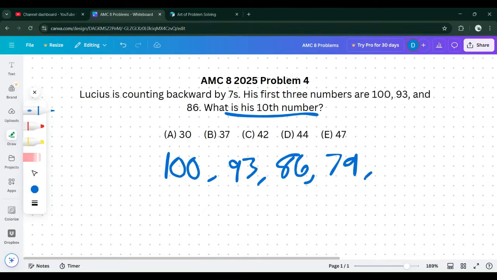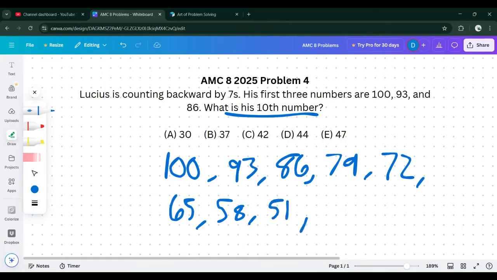And if you don't know the formula to solving this problem, then it makes your life much more difficult. Okay, so we're just gonna count backwards by 7s. And obviously your calculations have to be quick because you only have 40 minutes to solve all these problems.